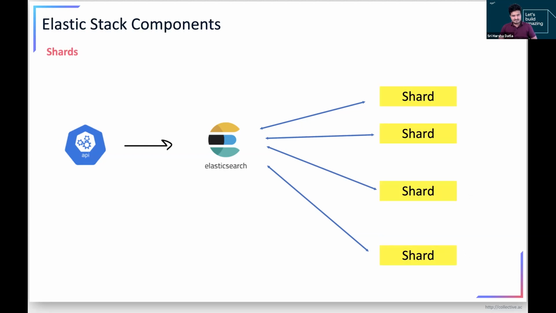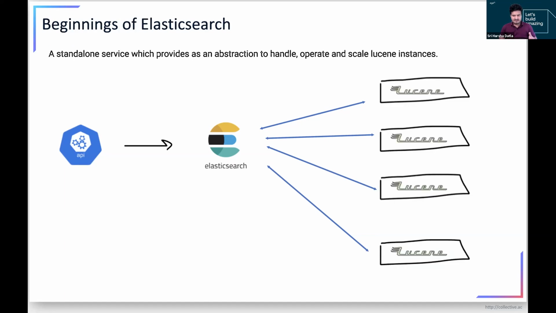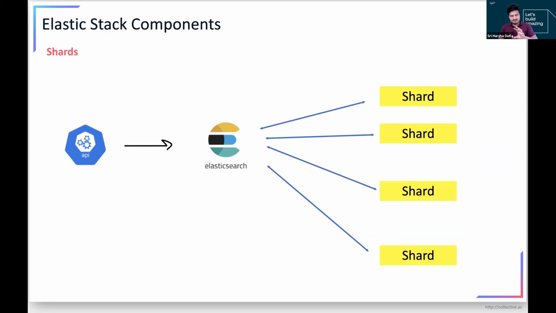A Lucene instance is something called a shard in the Elasticsearch world. Each shard in itself is actually a Lucene index. So it's the same Elasticsearch, same Lucene, but in the Elasticsearch world, each individual Lucene instance is called a shard.